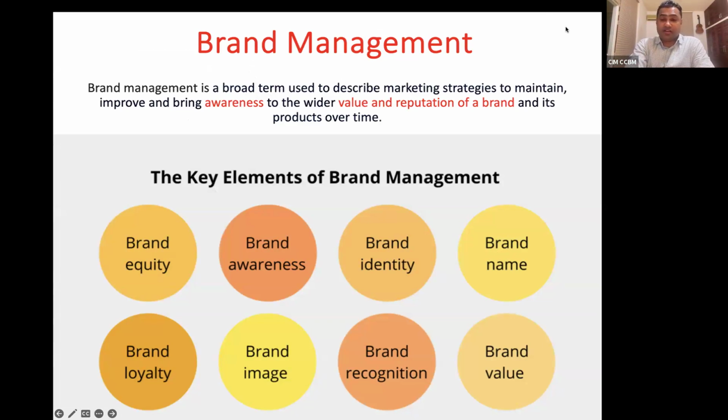It was a very tough decision for me. I was in sales, doing really well, earning really well. I came down to a third of my salary without any incentives to become a brand manager. I took that decision when I was 23 years old.